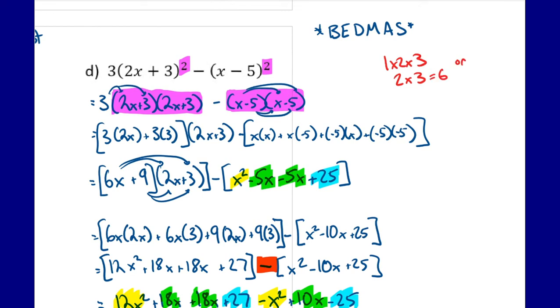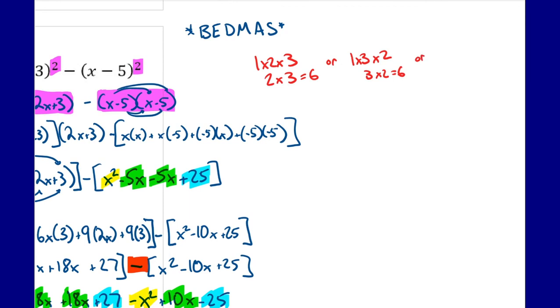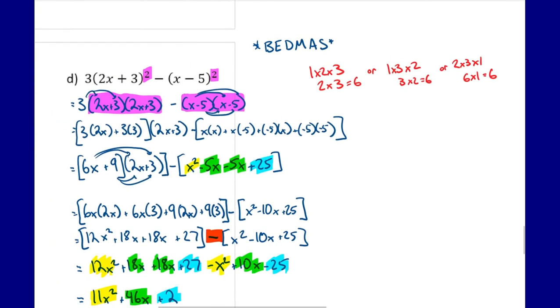Or what I could do, if I did 1 times 3 times 2, 1 times 3 is 3 times 2 equals 6. Or let's say I did 2 times 3 times 1. 2 times 3 is 6, times 1 is 6. So when we're multiplying things together, the order that we multiply in doesn't matter.